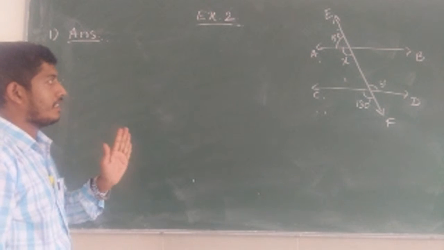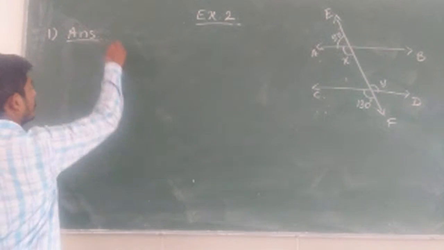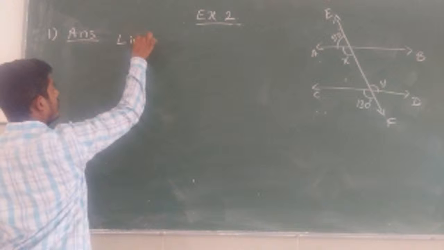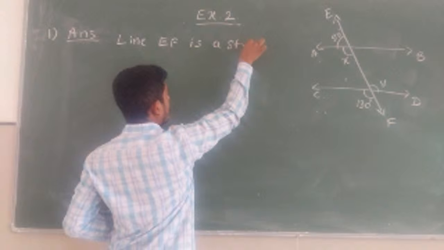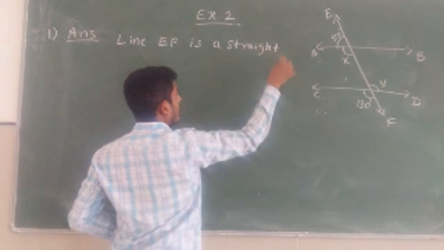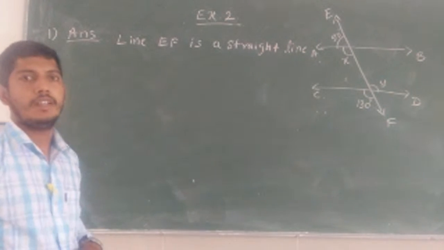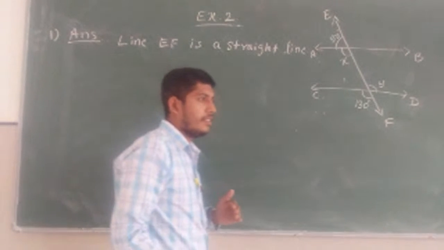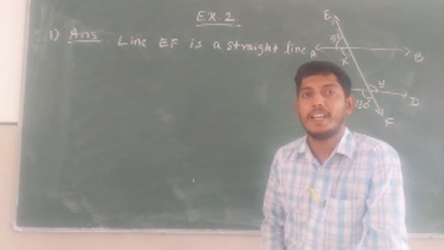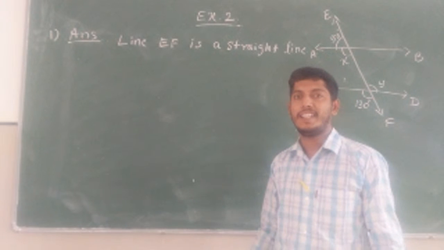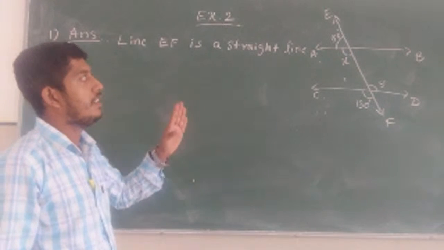First, I'll consider line EF is a straight line. If the line we consider is a straight line, then the total angle produced by that line is equal to 180 degrees.